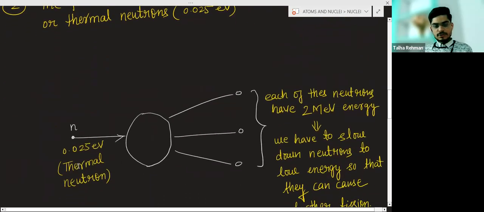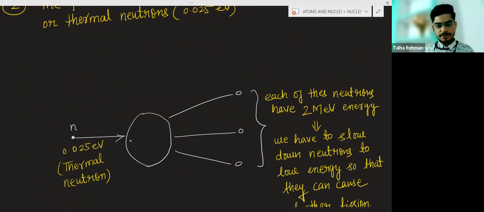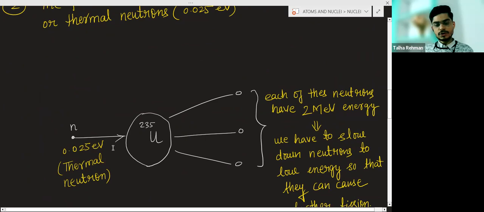So this thermal neutron of 0.025 electron volt energy is entering into uranium-235. Fission of uranium-235 will take place, 3 neutrons will release, but these neutrons will be of high energy.